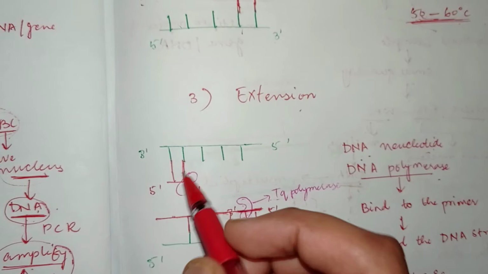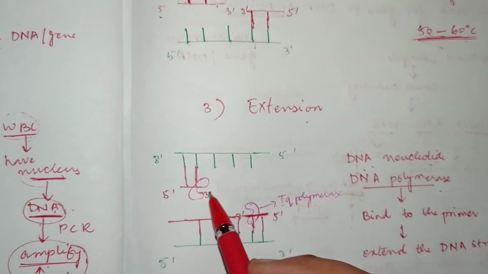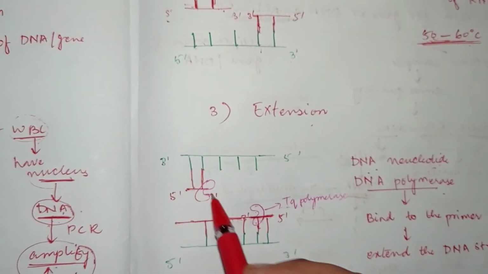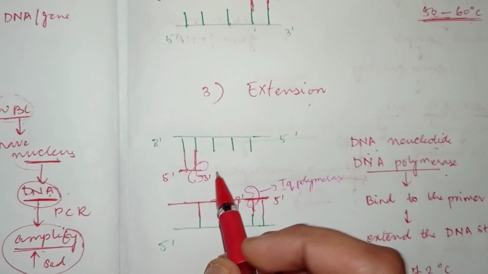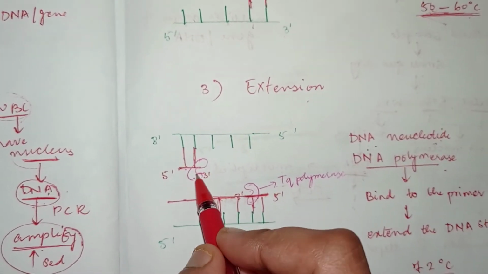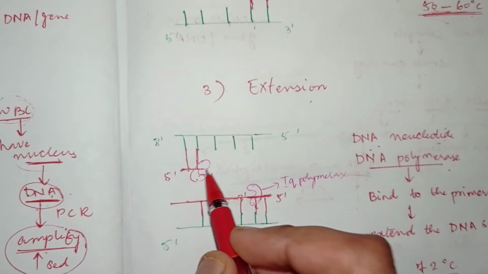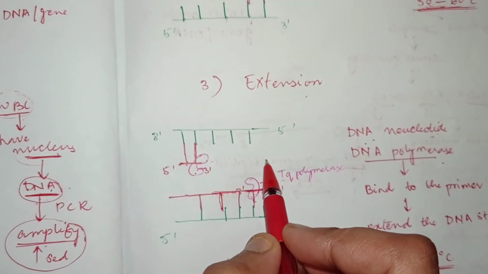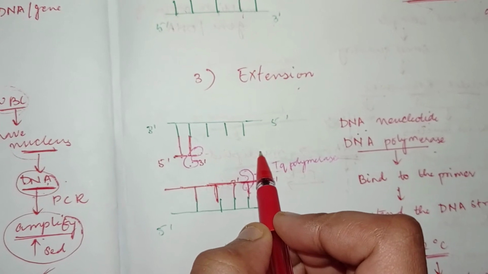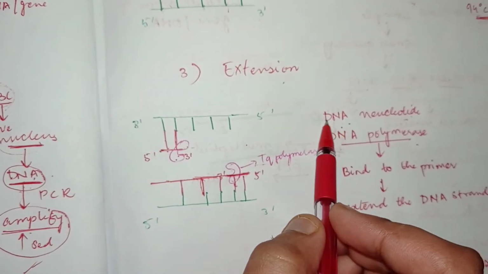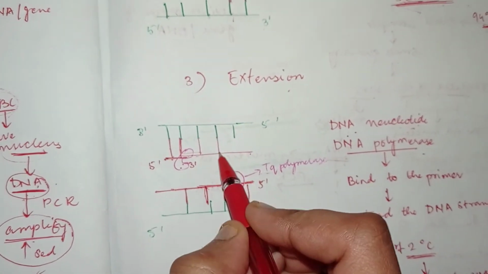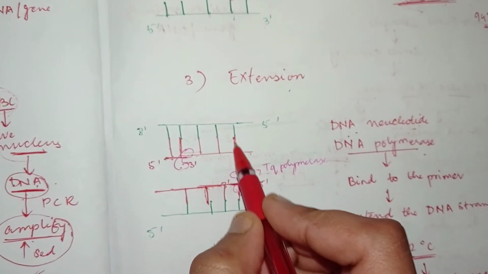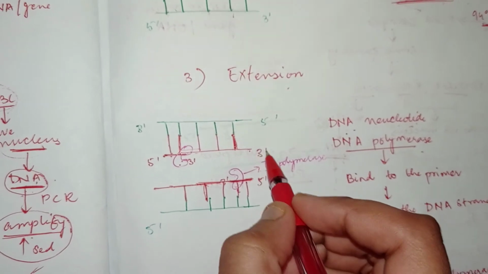So the replication process is going to be completed. Here also this Taq polymerase binds to the RNA primer, and with the help of Taq polymerase enzyme, the extension of the DNA strand takes place. That is, it will help to bind the DNA nucleotides. So here also the DNA strand is formed.